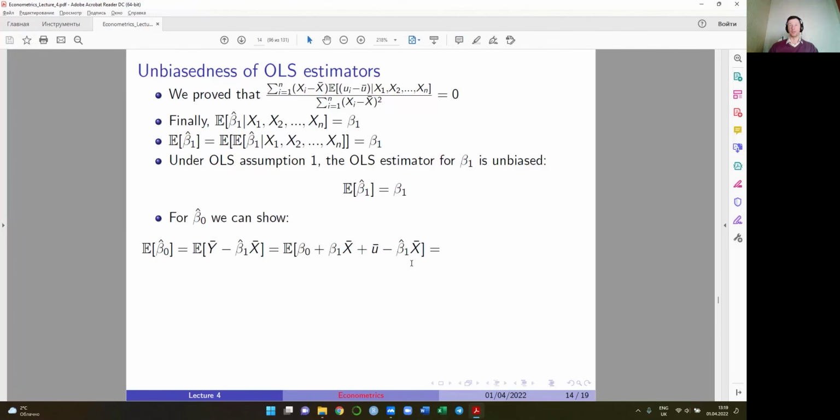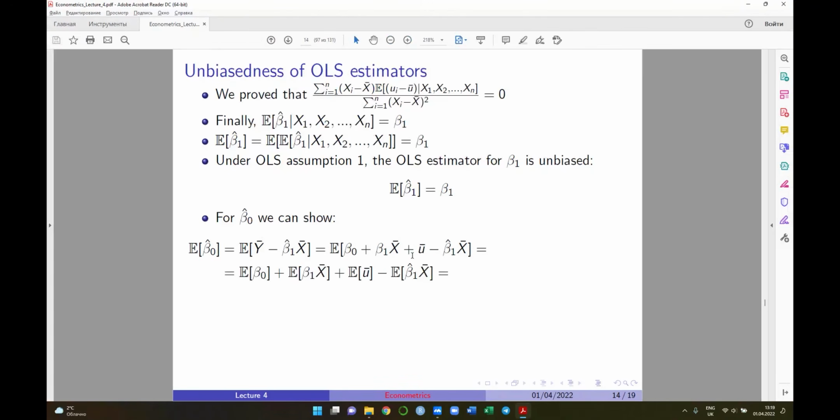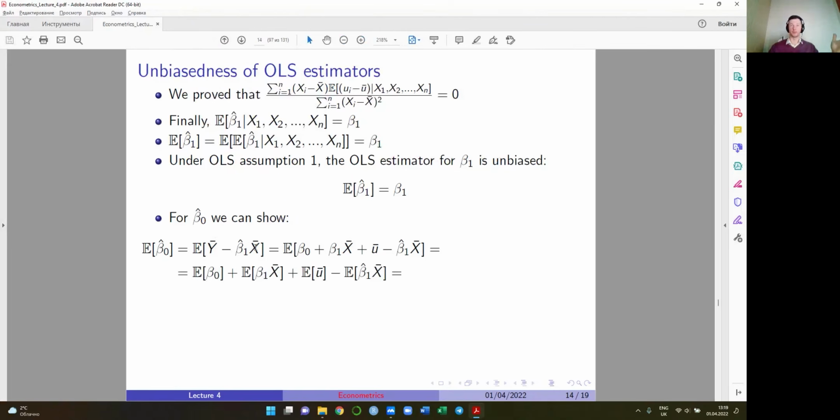You see that it splits into 4 terms: expectation of beta 0, expectation of this, expectation of u bar, and minus expectation of this. So this is a constant, this is beta 0. Here I can take beta 1 out of the expectation sign. That's going to be the expectation of x bar, which is just x bar, if it's going to be the conditional expectation.